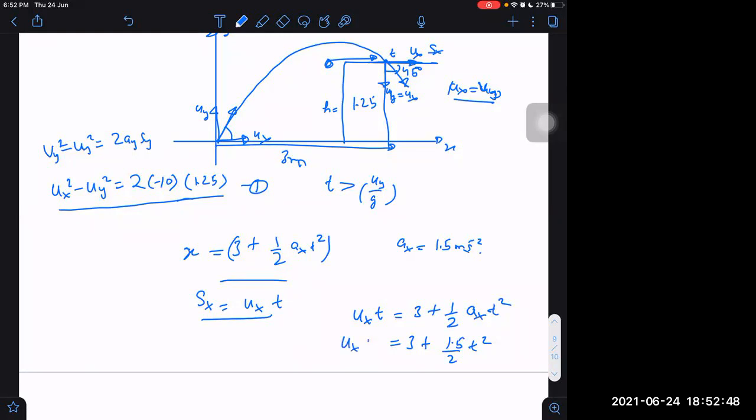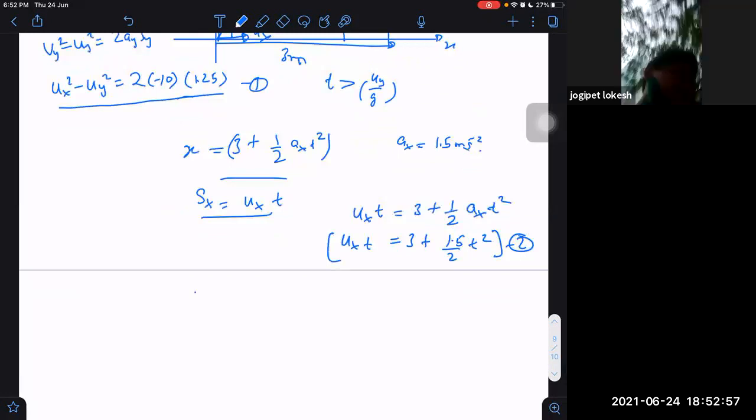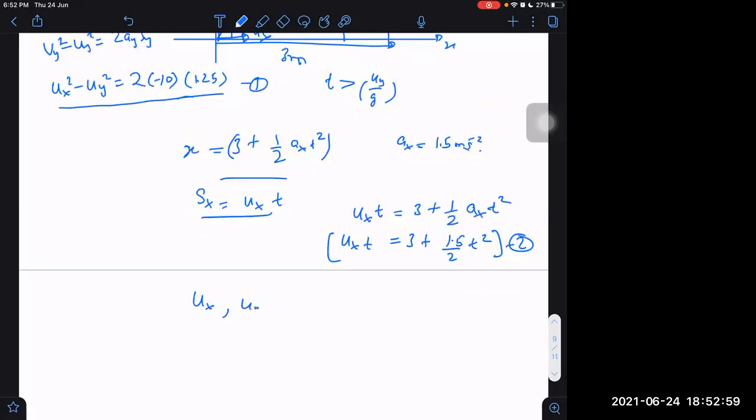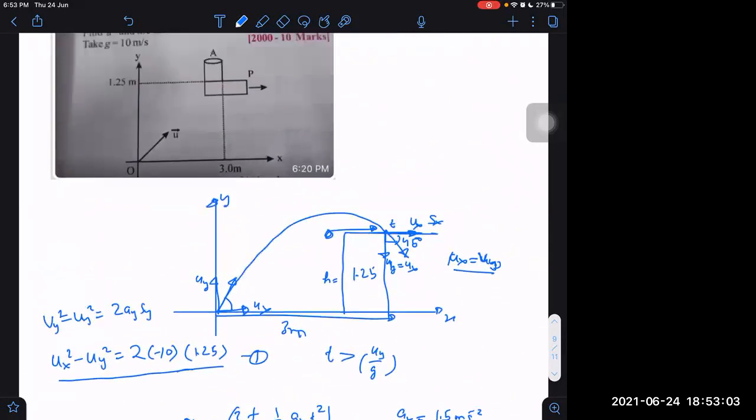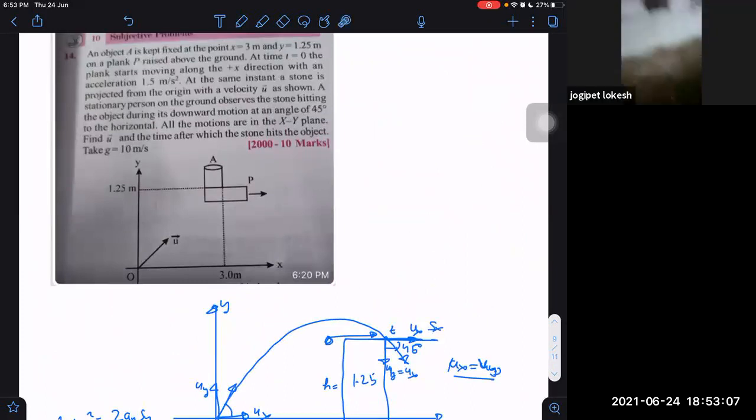That is ux into t. This is the second equation. But there are three unknowns here, right? Ux, uy, and t. I need one more equation here. This will not be sufficient.